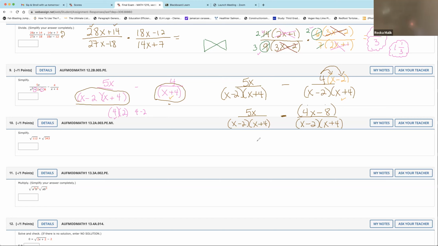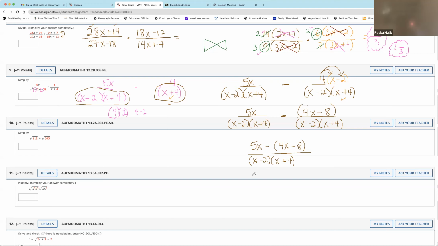So I'm going to rewrite it again. 5x minus 4x minus 8. And this is combining them with my new denominator. And I'm going to write it again. Every time just getting neater and hopefully smaller.